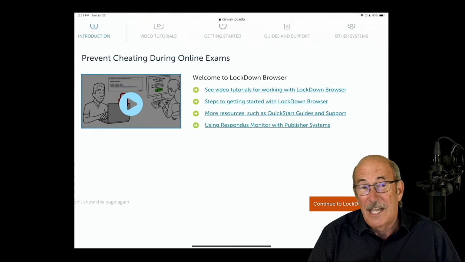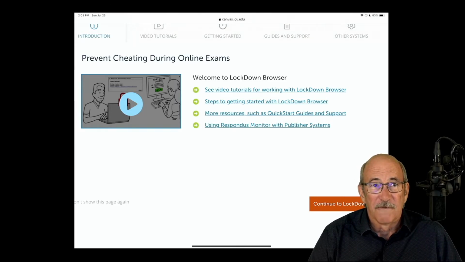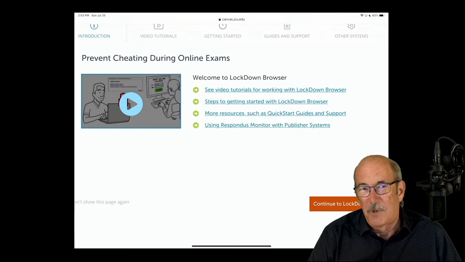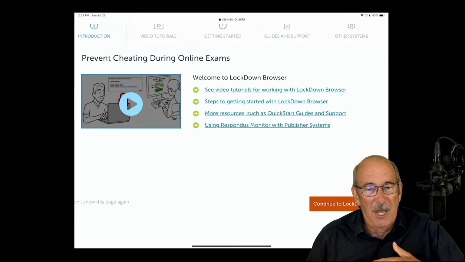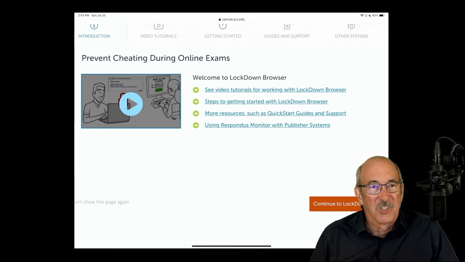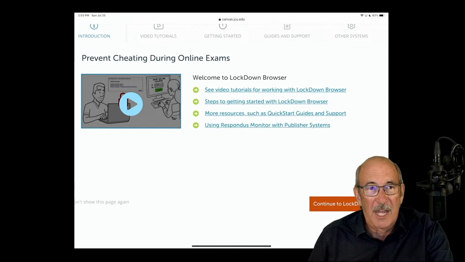And if you get locked out, if it's just for a second, sometimes if somebody's phone rings and it's connected to the computer somehow, it'll lock you out. If I see that, I'll flip you back into the system. I'll approve you to go back in.